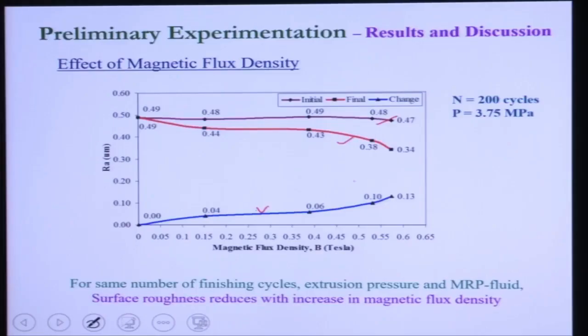That's why with the increase in the magnetic field, the surface finish improves, or the change in surface roughness increases. So we can say that for the same number of finishing cycles, extrusion pressure and MRP fluid composition, surface roughness reduces with increasing magnetic flux density.